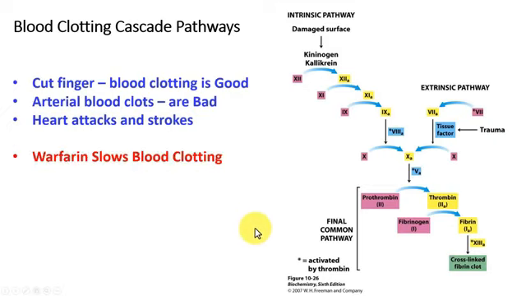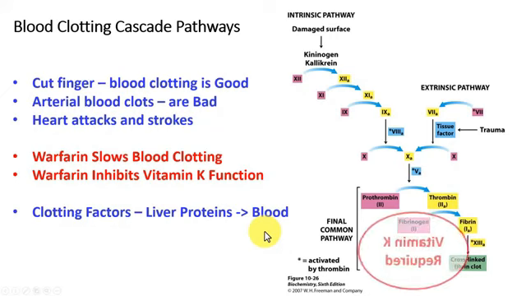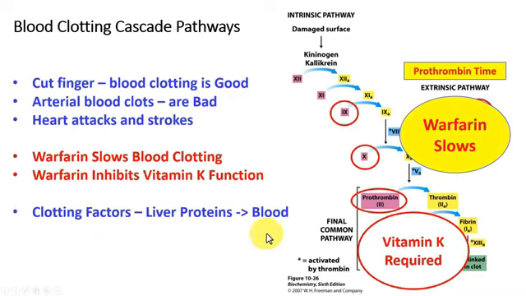Warfarin slows that process by inhibiting the function of vitamin K. And therefore, those clotting factors, remember, are made as liver proteins, made in the liver, and then get transported out into the blood. Vitamin K is required for a number of these that have spinning circles, and so warfarin will slow the function of those, make them inactive.